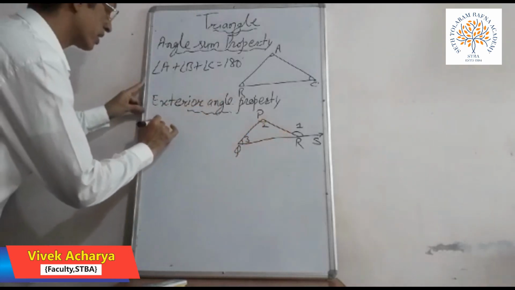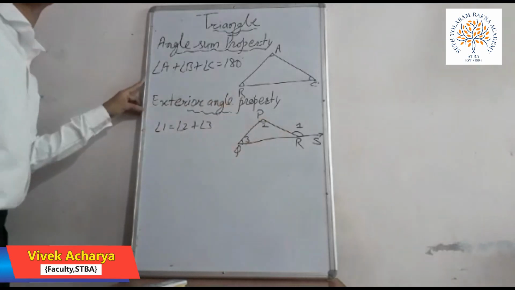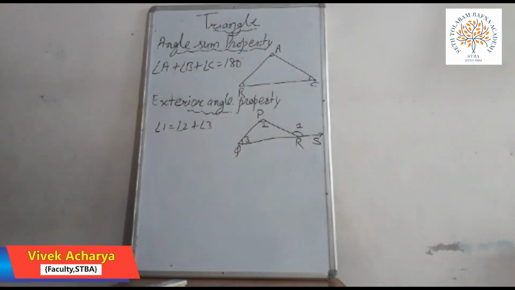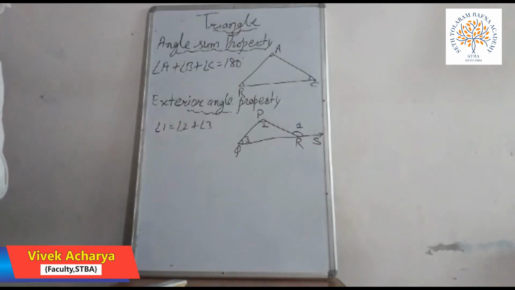So angle 1 is equal to angle 2 plus angle 3. This is the exterior angle property, children.